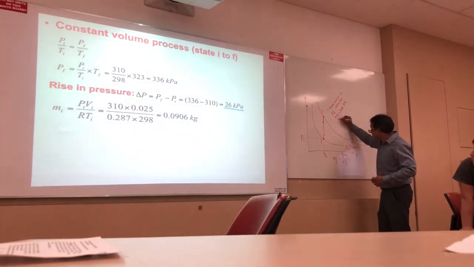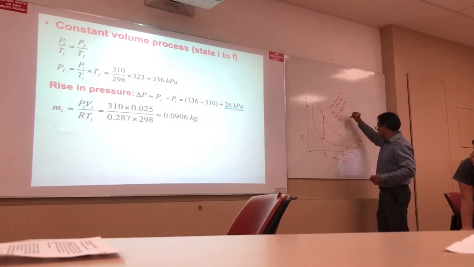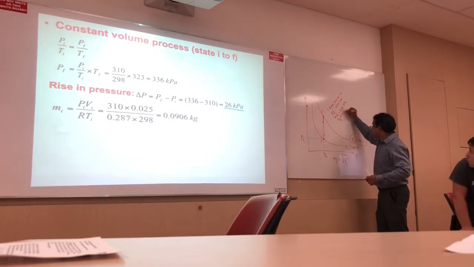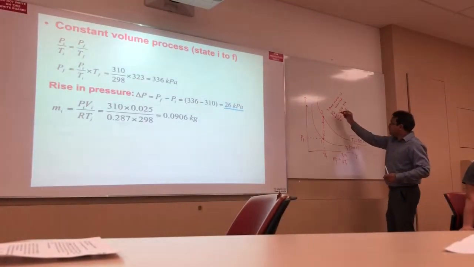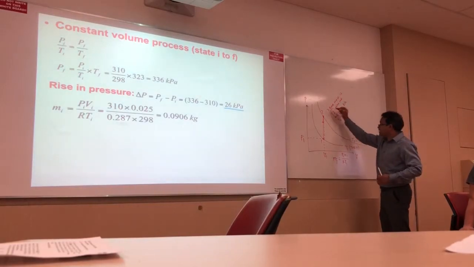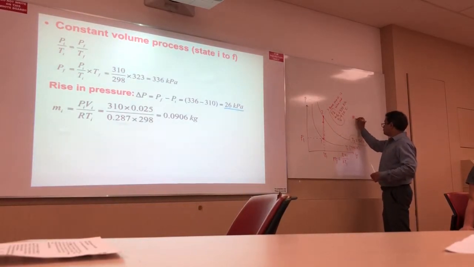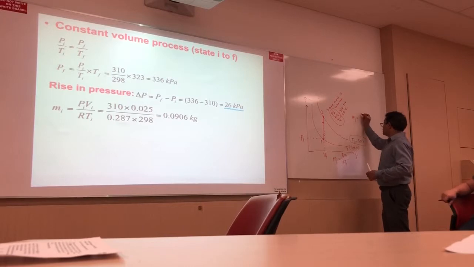This one is T3, another position. T2 is here, 50 degrees Celsius. So what is the amount of mass of air at that position? Pressure is 310, temperature is 50 degrees, that is 323, and R is 0.287 for air.